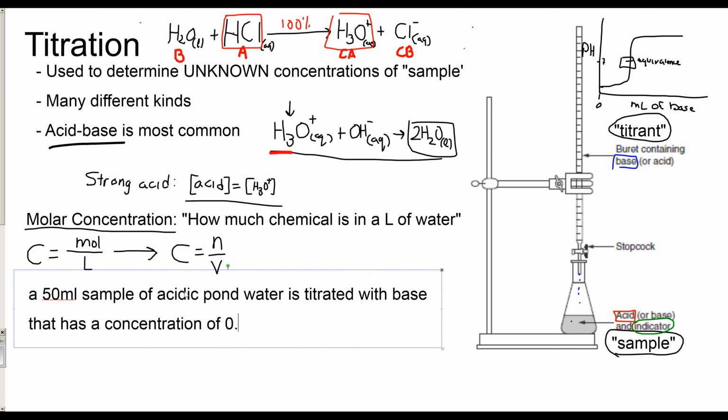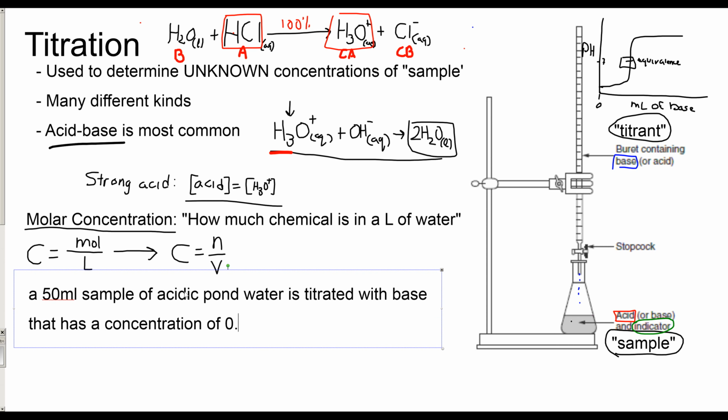We don't have control over the concentration of acid in the pond water because that's the pond water. But we do have control over the volume. So we measure out 50 mils.